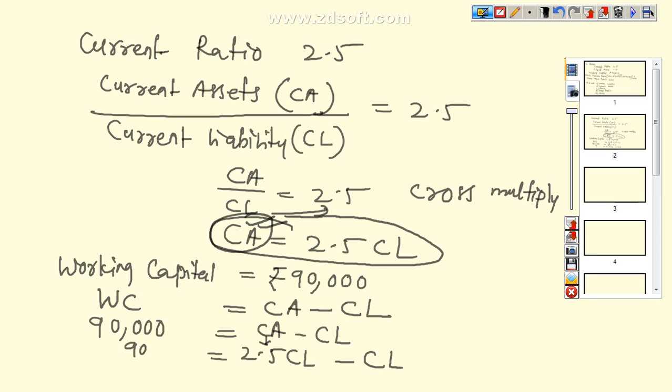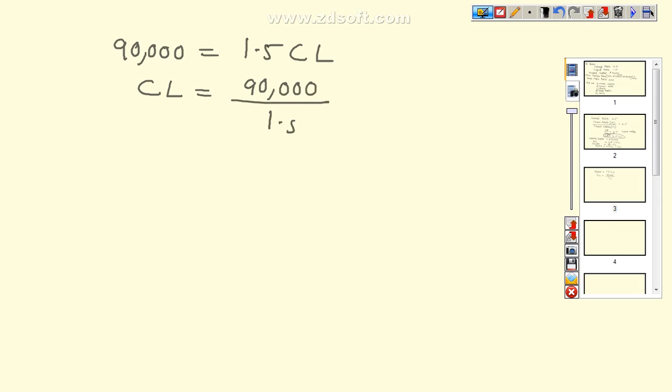So 90,000 is equal to 2.5 CL minus CL. From this, 90,000 is equal to 1.5 CL. So CL is equal to 90,000 upon 1.5, that is equal to 60,000.